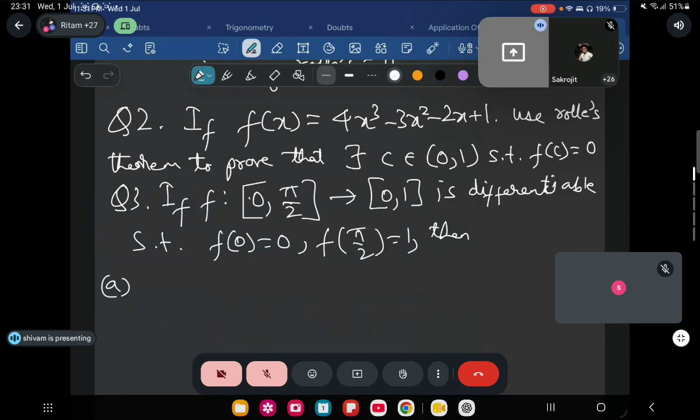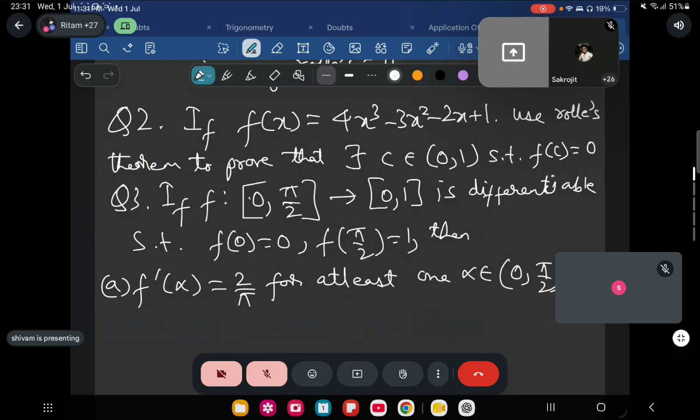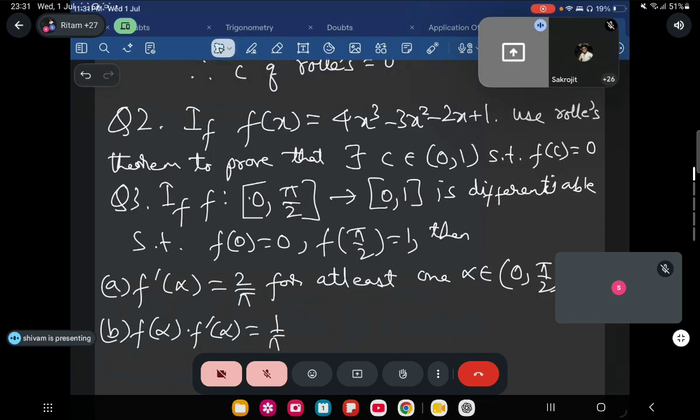This is multiple correct type, okay? Option A, f dash alpha is equal to 2 by pi for at least one alpha belongs to (0, pi by 2). Option B, f of alpha into f dash alpha is equal to 1 by pi for at least one alpha belongs to (0, pi by 2).